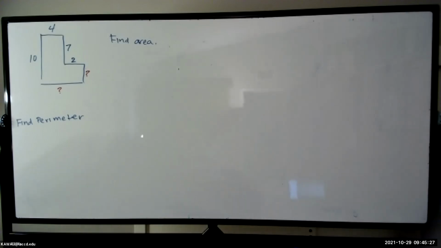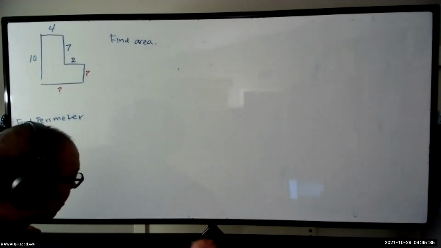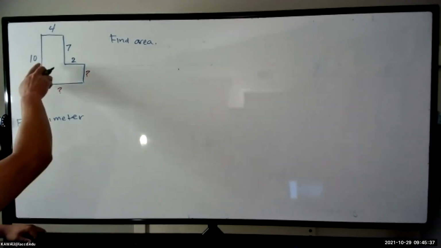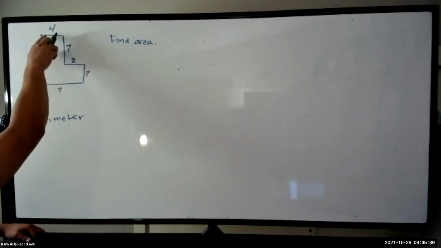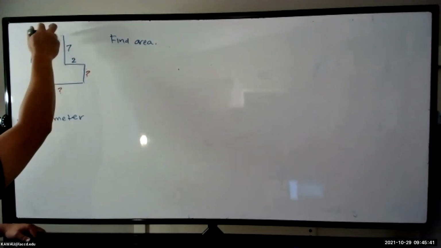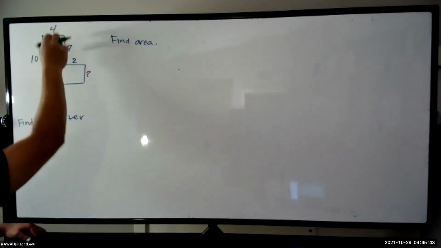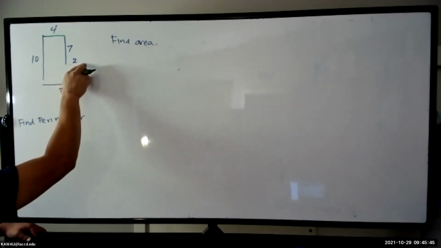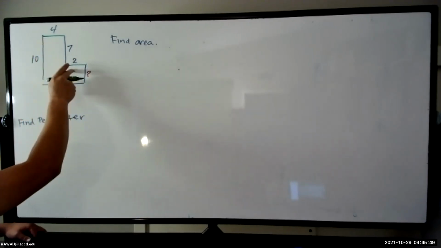Now, in order to find the perimeter, I need to know the length of all the sides. Now, the big hint is, look at the sides that are parallel to this side. So for example, if I look at this right here, and look at this right here. So that's 4 and 2.